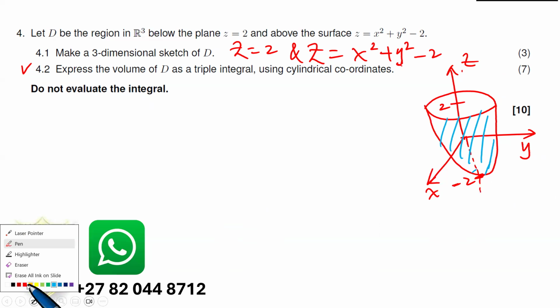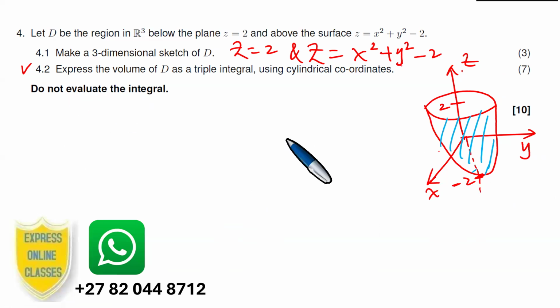But let's describe this surface now, because we want to express D, and this whole thing is D. Express D as a triple integral using cylindrical coordinates.